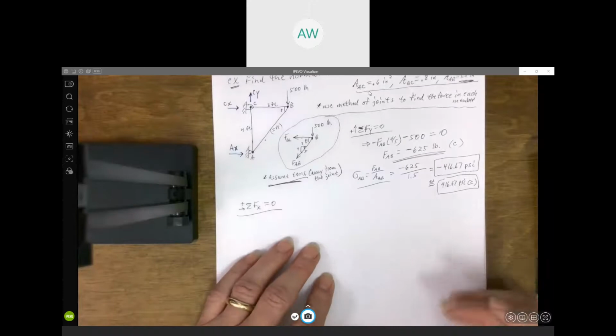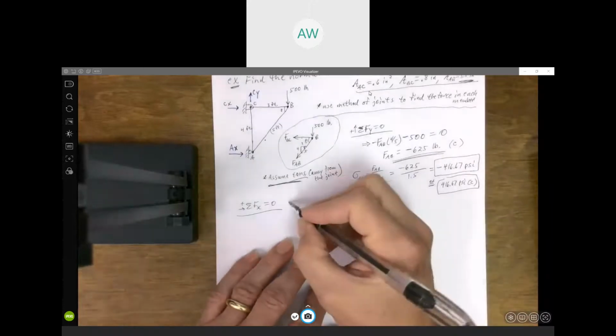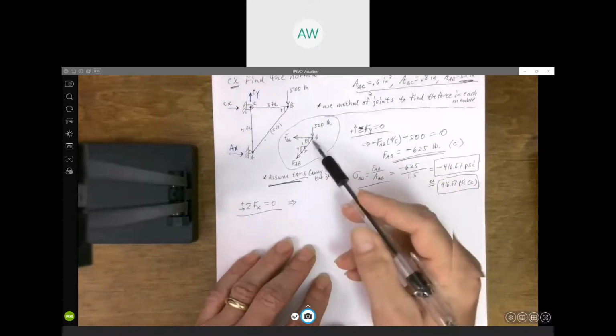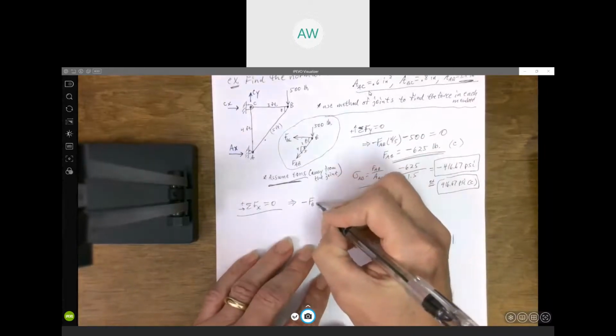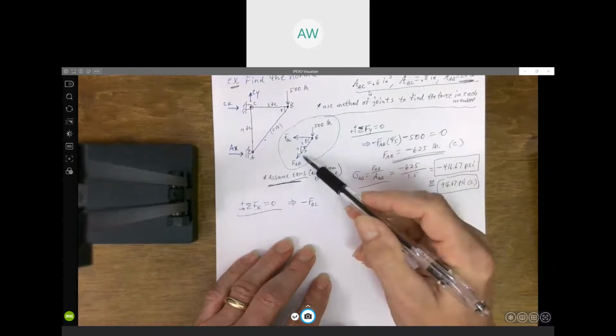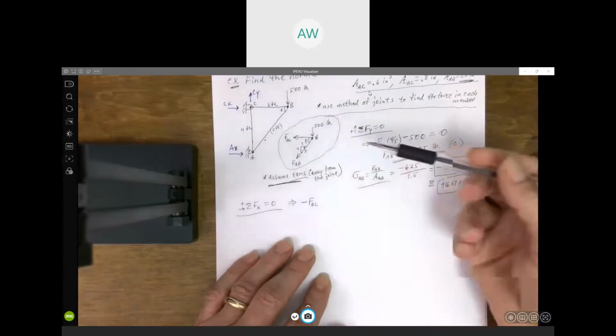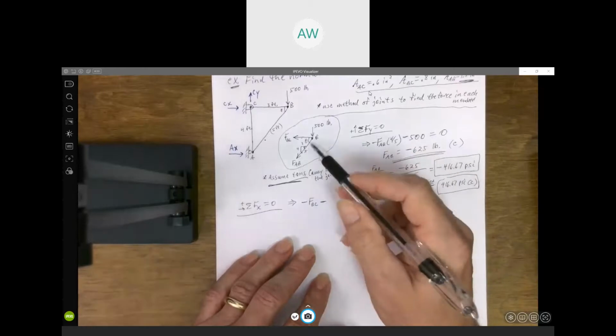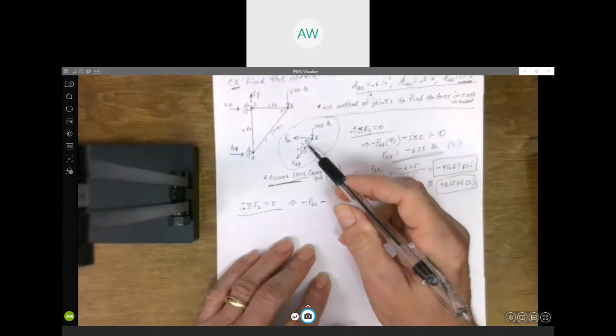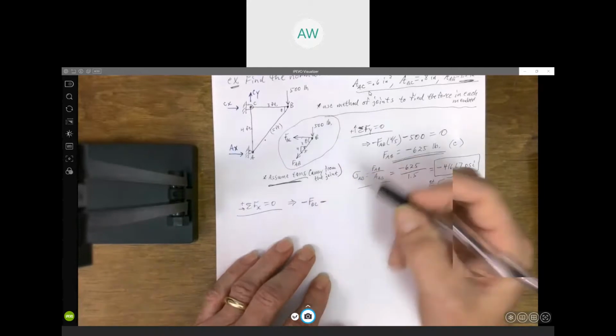Sum of the x components of force equals 0. I have force BC, which I assumed was going to the left, so minus force BC. Force AB is also going to the left, so it's minus force AB times cosine of that angle, and cosine is 3/5.